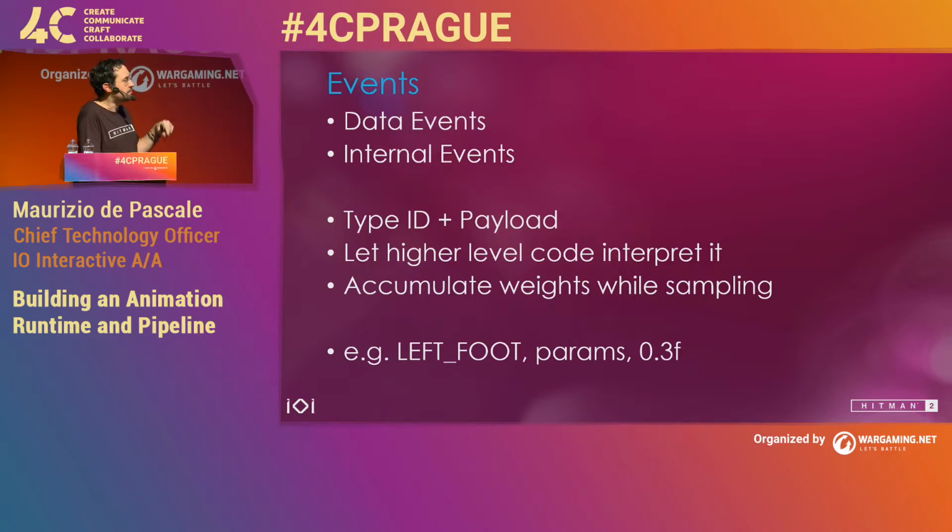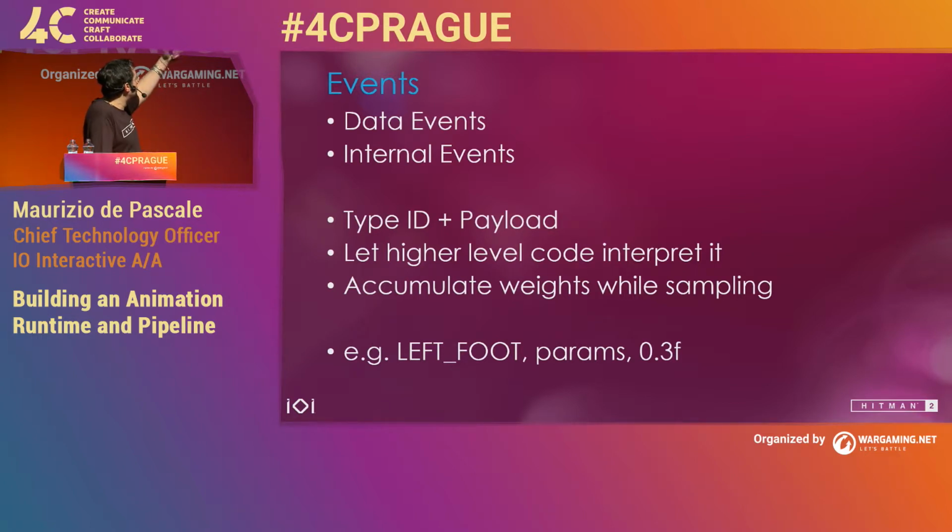So for instance, every time a transition is taken or is completed, that generates an internal event that is still bubbled, and it's still our way of communicating to the upper layers that things are happening inside the system. For us, an event is an arbitrary struct, so it can contain anything. What we do is just prefix it with a type ID. So any code that sees an event can, if it knows the event and can handle it, do something. Otherwise, it can bubble it up and treat it basically as an opaque blob.